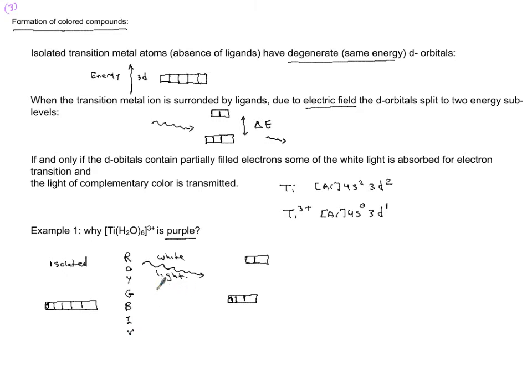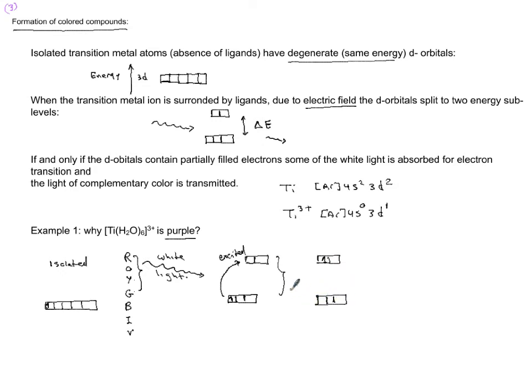Now what happens is some of this light, actually red, orange, yellow, and green, is absorbed, and this electron gets excited and comes up here.